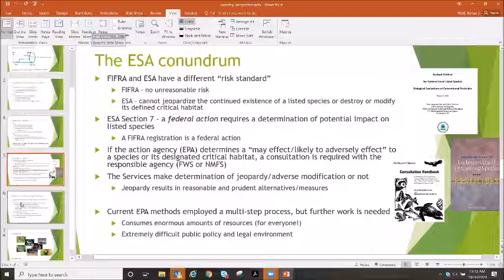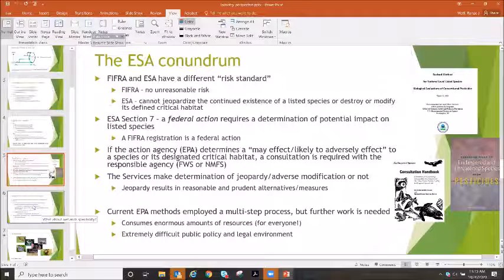Now that's putting a whole lot of very complicated legal and policy stuff into three bullets, and we don't need to get into the details. But suffice it to say, because we have different protection goals, or risk standards, we run into a lot of difficulties. EPA has worked really hard on this. It's an ongoing, evolving process.